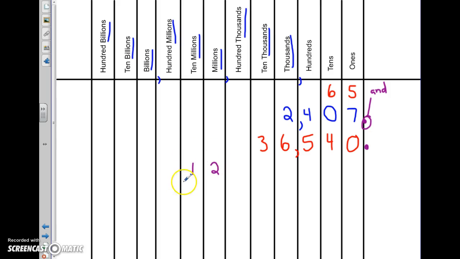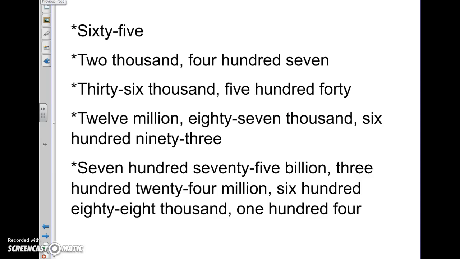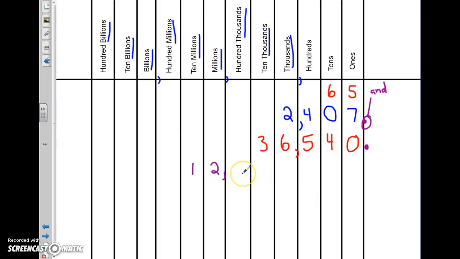That gives us 12 million. So we've got 12,087,000. Was there any mention of any 100,000s? No, just 87,000. So that means we're going to have 0 in the 100,000s. And then we're going to have 87, which means 8 tens makes 80, and 7 in the thousands place for 7,000.